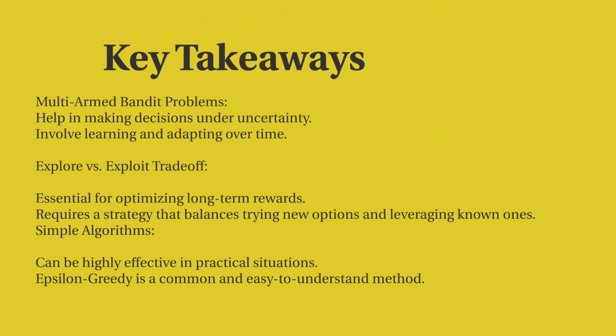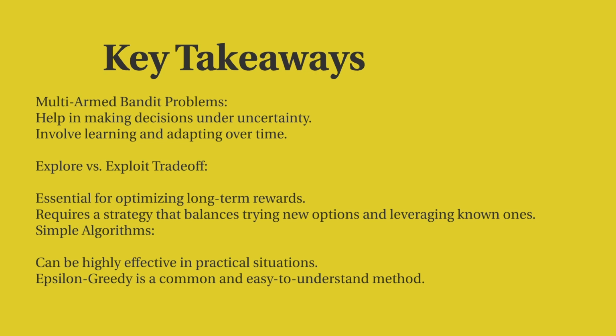So in a nutshell, some of the key takeaways I want you to bring back home: the multi-armed bandit problems help you in making decisions when you don't have all the information, under uncertainty. And it is interesting because you learn and adapt over time, depending on the strategy you choose.